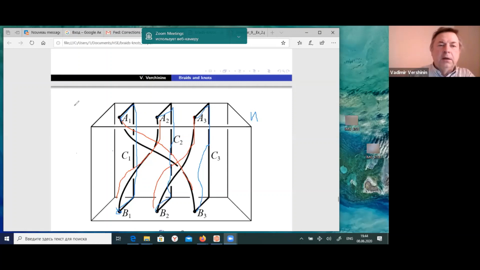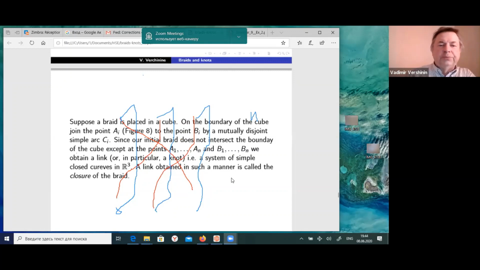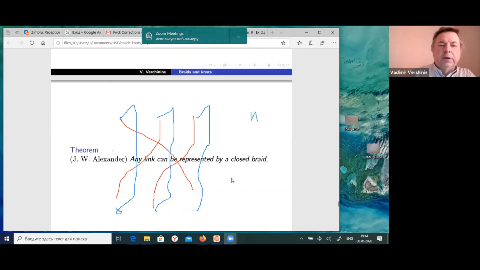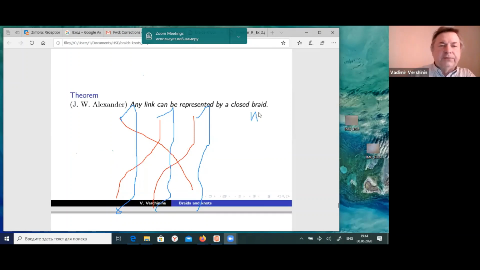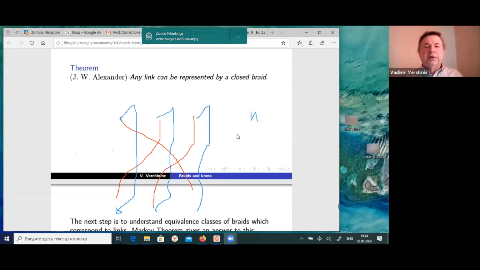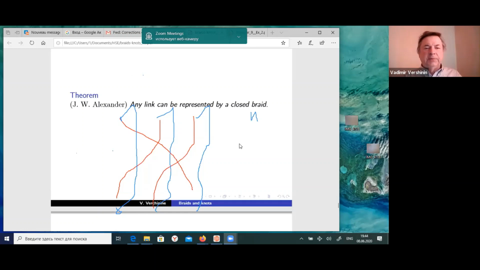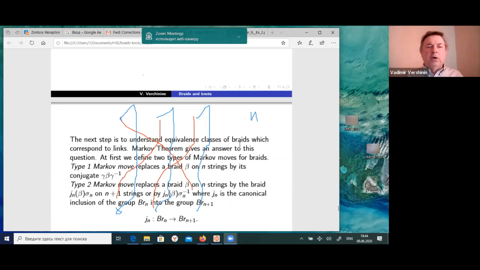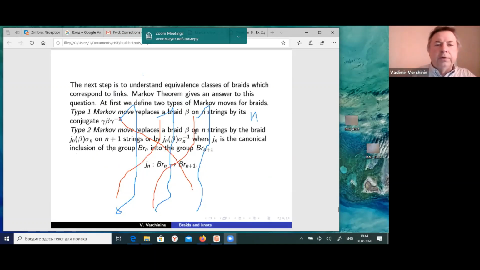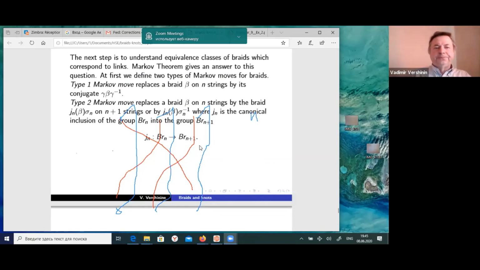And the answer to this question was given by Markov. I finally wrote down that any link can be represented as closed braids. So this is the Alexander theorem. So suppose now two following Markov moves.